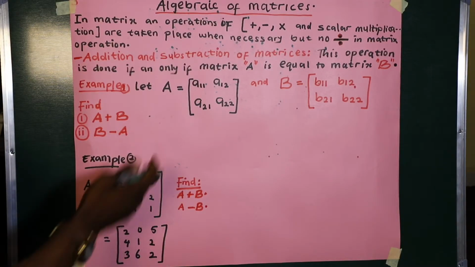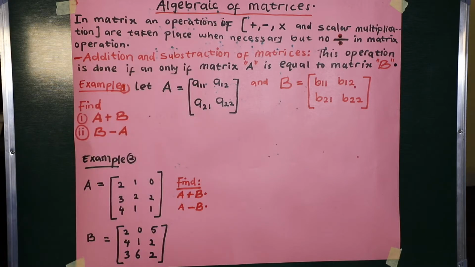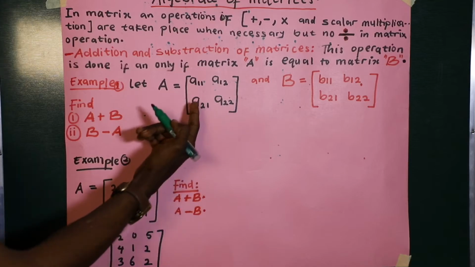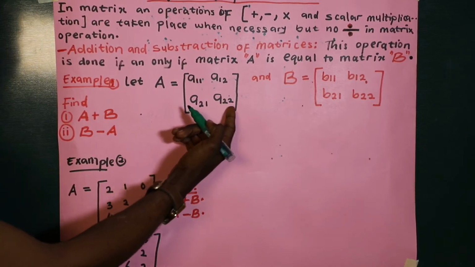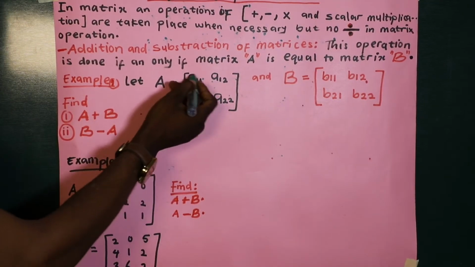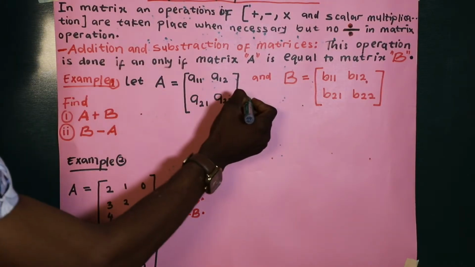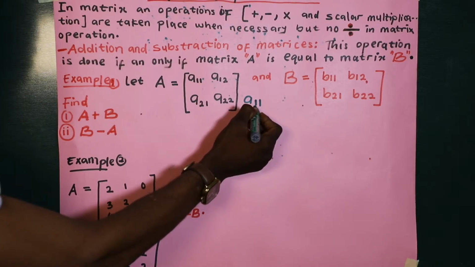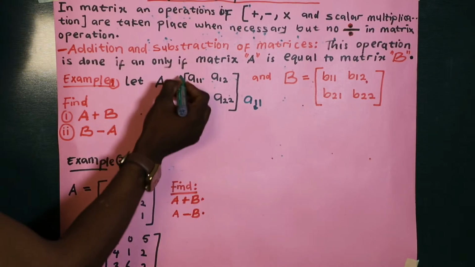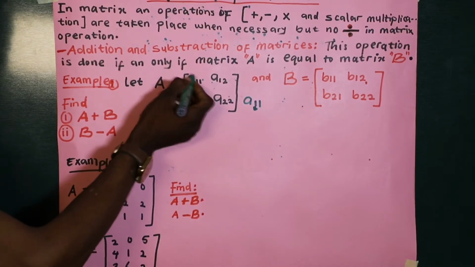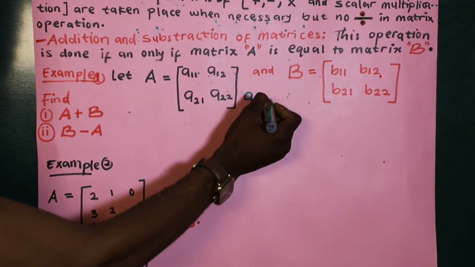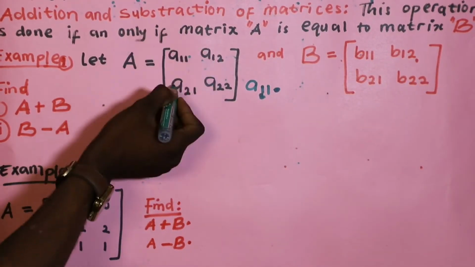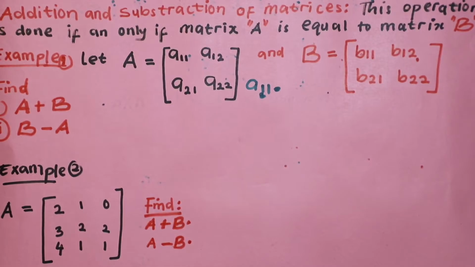So let A be these elements: A11, A12, A21, and A22. In A11, the first number represents the row where this A is located, while the second one represents the column where this A is located.